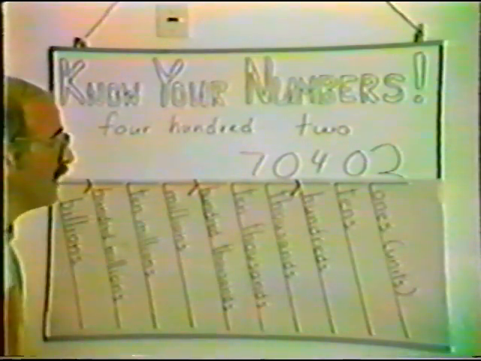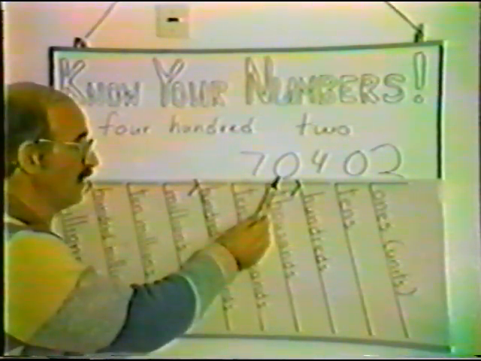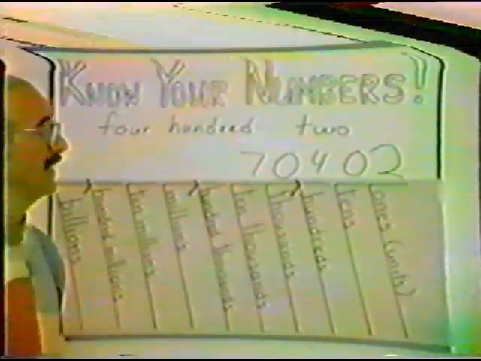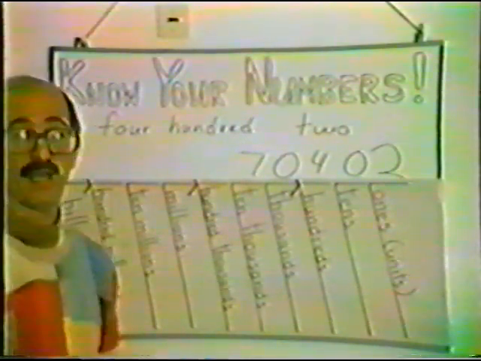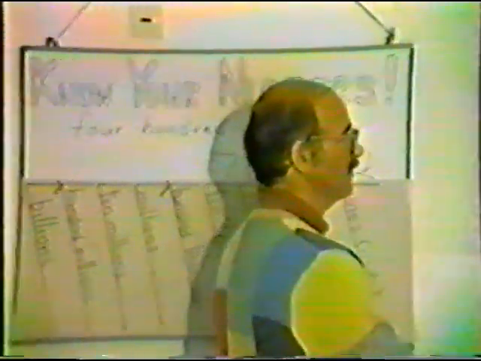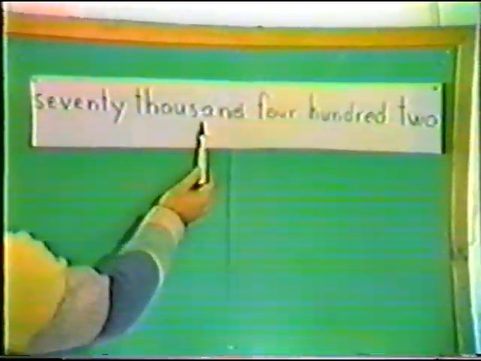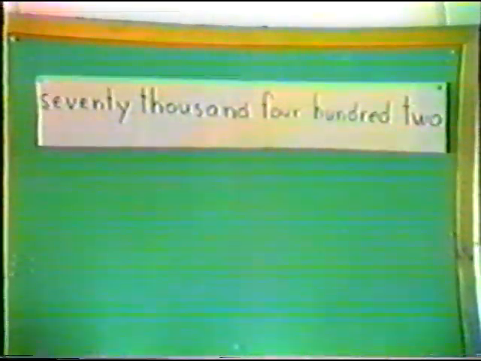There is nothing in the thousands place, so we have to fill that place with a 0. Let's see how that looks if we write it out in words.